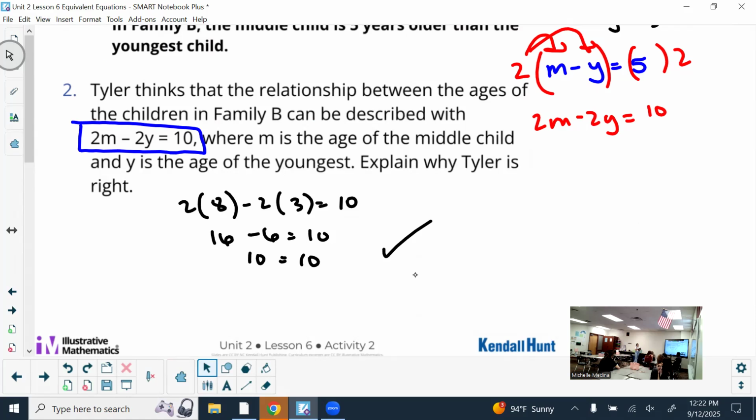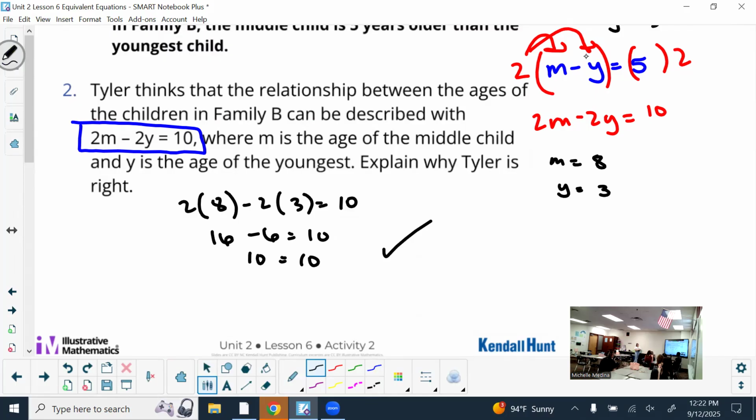So like in this random example where we were talking about how the difference between the middle and the youngest child's age is 5. So like if a random age, let's say the middle child is 8 and the youngest child was 3. If I were to plug that into here, 8 minus 3 is 5, right? 8 minus 3. 5.